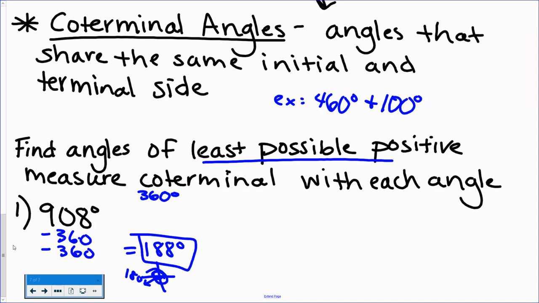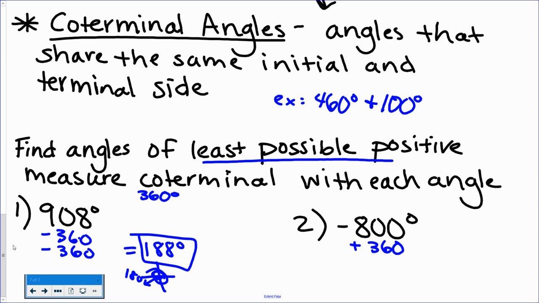You might be given a negative angle example. So they might say negative 800 degrees. Find the least possible positive measure that's coterminal with that angle. So instead of taking away 360 like in our first example, I'm going to end up adding 360 until it becomes positive.